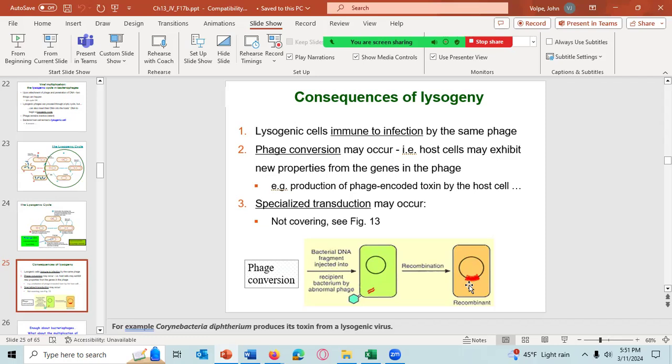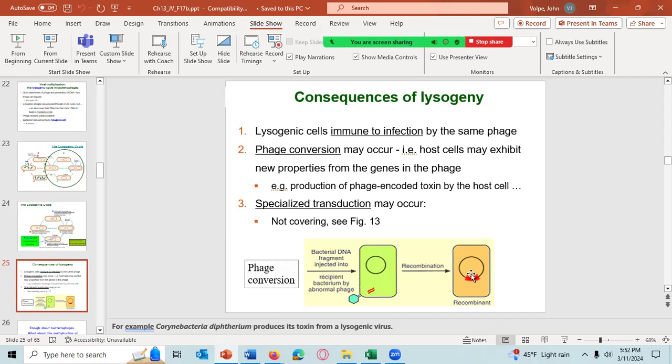And then the second consequence of lysogeny is this host cell can pick up new DNA, which it can express, altering the phenotype of this cell. The new DNA is the viral genome, bringing in new DNA to the host cell. And that DNA can be expressed, changing the phenotype of this host cell. Any question about any of that?